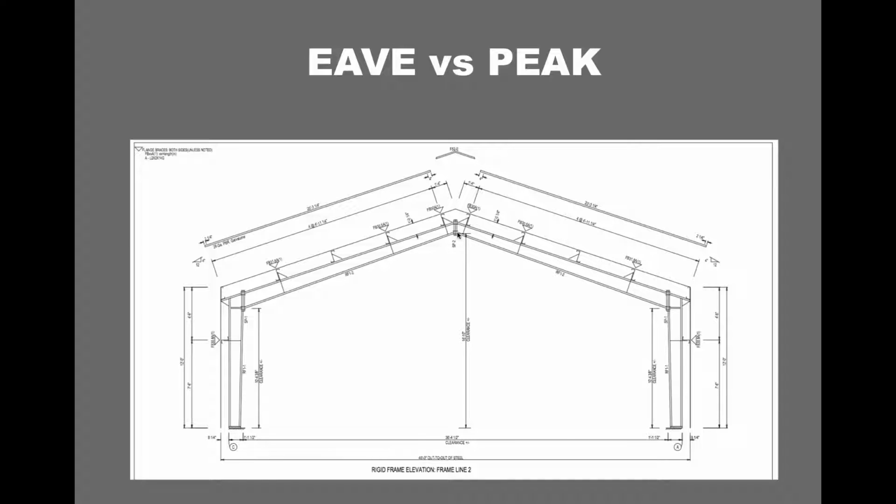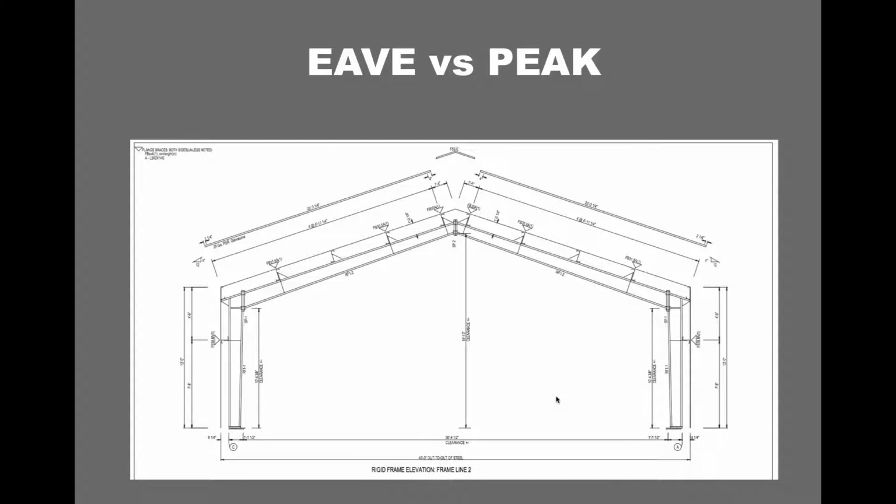Then your peak height is obviously the apex, if you will, of your roof. That would be labeled as your peak. So in this example, we've got a clear height on the inside of 16 feet 10 inches, and an eave height of 12 feet there.